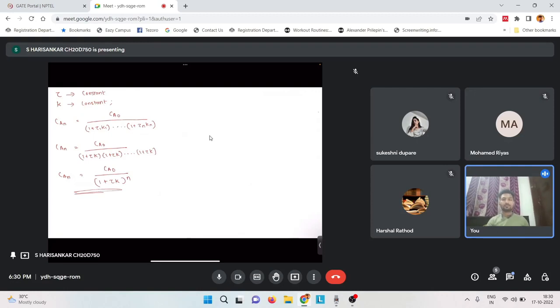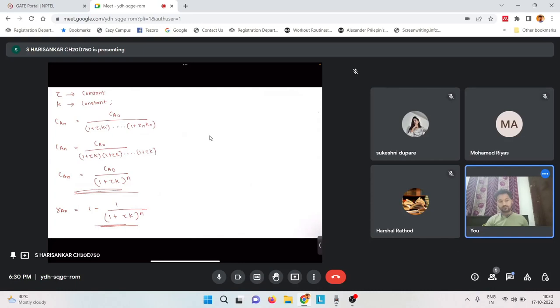This will be the general equation for this special case where tau and K are constant for all the CSTRs that are in series. And you can use this same equation to find conversion, which is Xan, that will be 1 minus 1 by 1 plus tau K the whole raised to n.